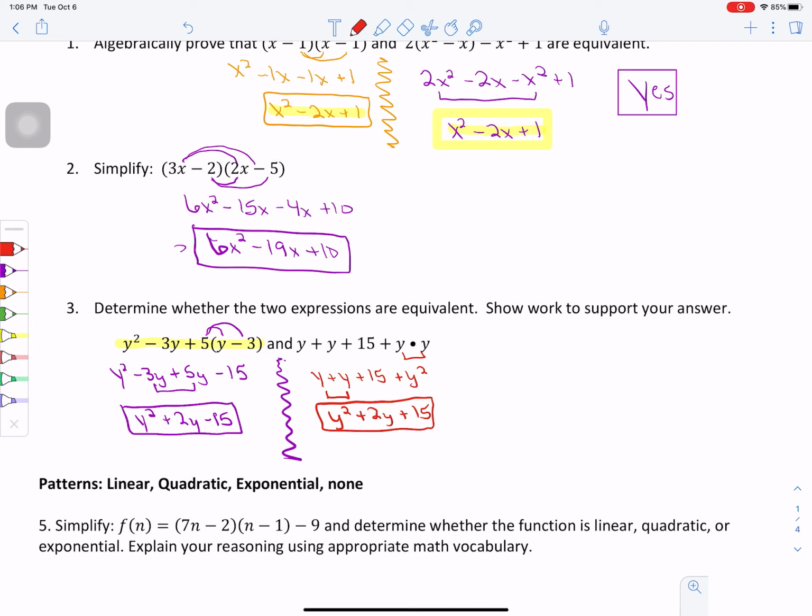Okay. As you can see, everything in this parenthesis does not match what's in here. Okay. Why not? Because this is a no. Because one has a positive 15.